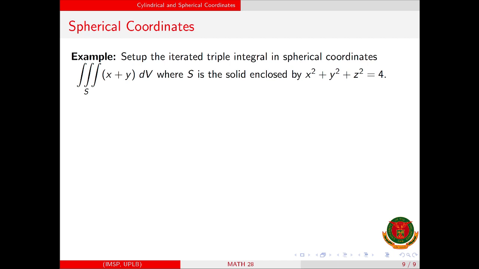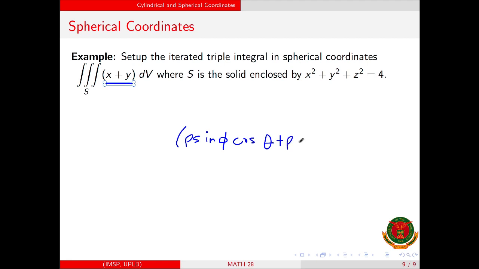Before we determine the bounds for our triple integrals, we should convert the rest of the expressions to their spherical coordinate system. This x will be represented by rho sine phi cosine theta.